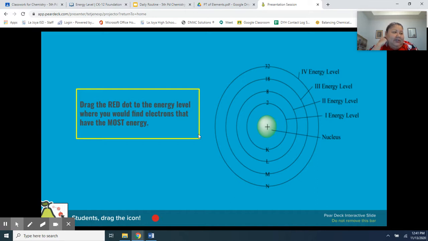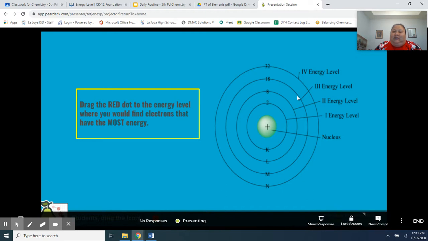Where are you going to put that red dot, guys? Are you going to put it on energy level 1, energy level 2, energy level 3, or energy level 4? You tell me. What do you think?